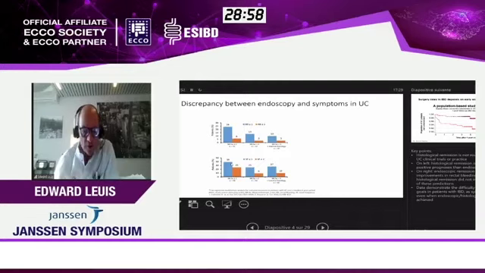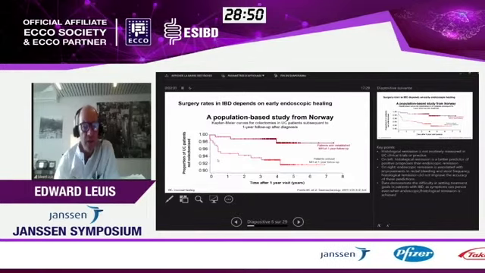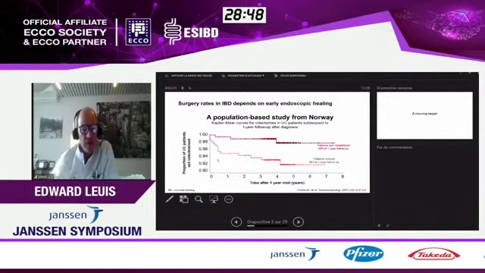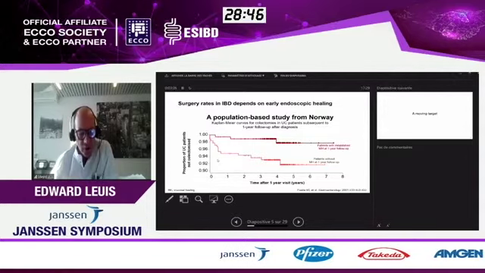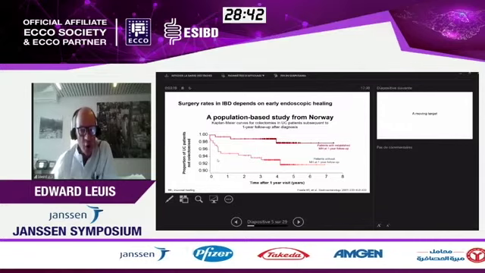So that's why, because of this discrepancy, we have to assess our patients both ways, for the symptoms and for the intestinal healing. And the other aspect is that reaching intestinal healing, colonic healing here, has been associated with better outcome for a long time now.